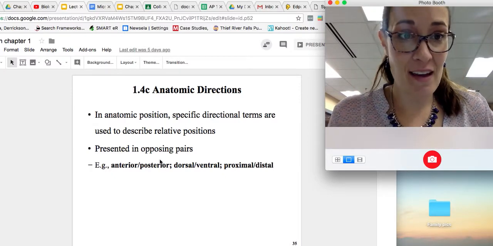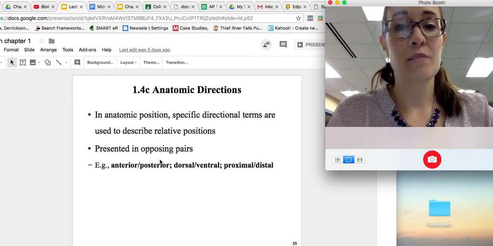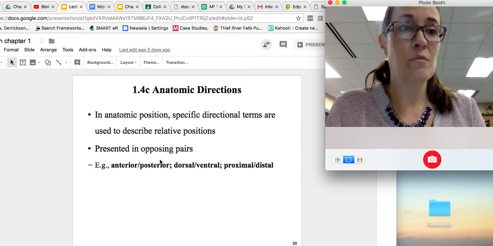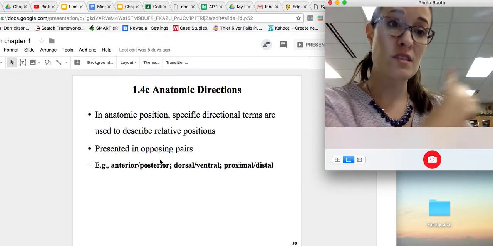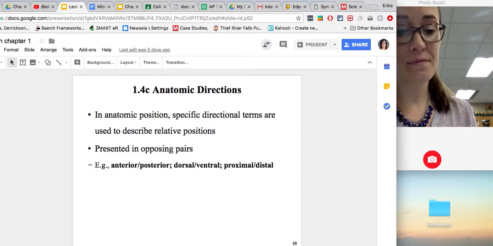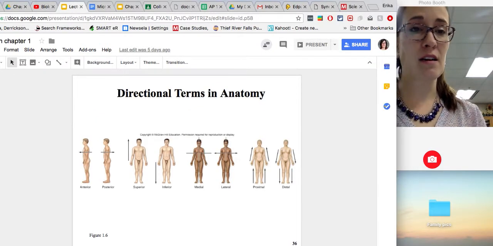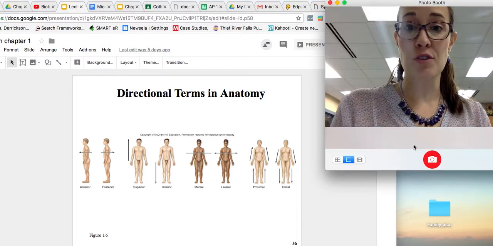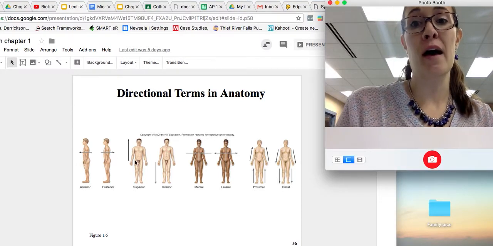Dorsal is the back, ventral is the front. Proximal and distal. Proximal is closer to the point of origin, distal is further away. So they're opposites.